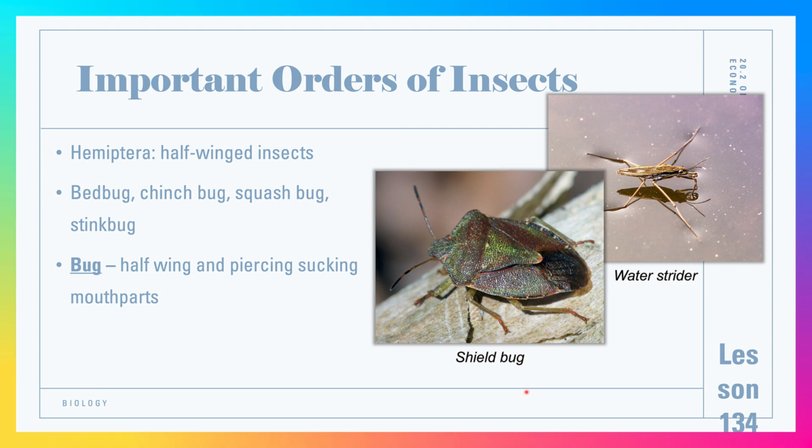The introduction of the word bug is in this group, and it represents half-winged insects that have piercing or sucking mouth parts. And that's what an entomologist means when he talks about a bug.